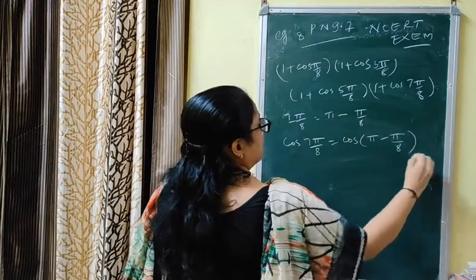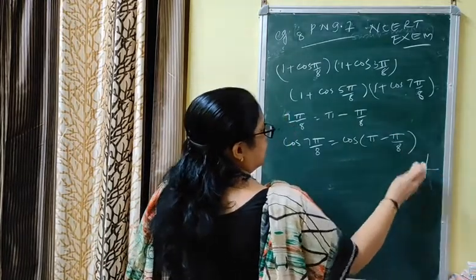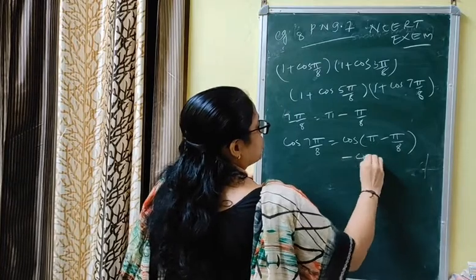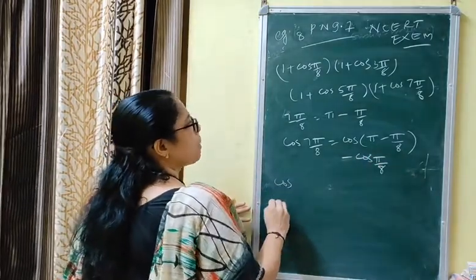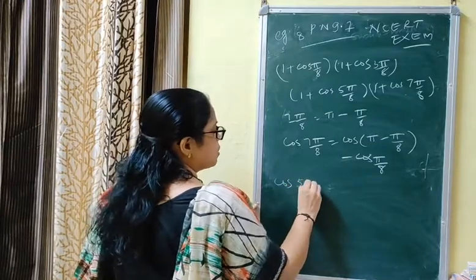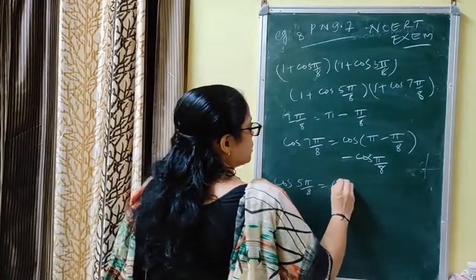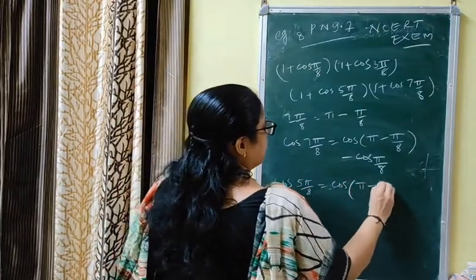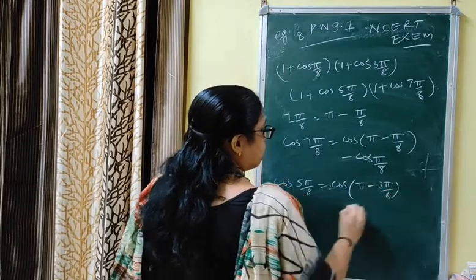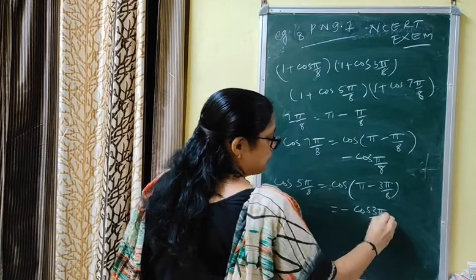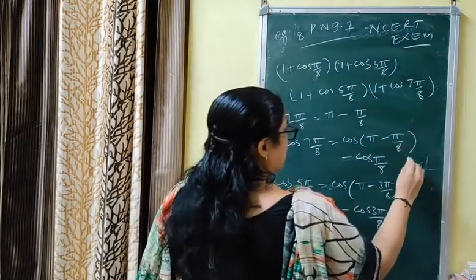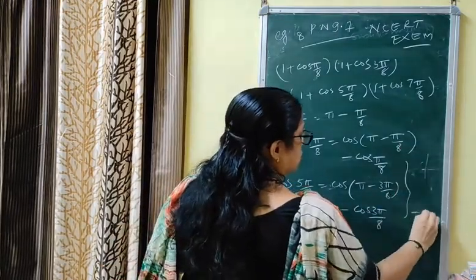Pi minus pi by 8 is in which quadrant? Second, that is negative. That is minus cos pi by 8. Second, cos 5 pi by 8 can be written as cos of pi minus 3 pi by 8. Again in the second quadrant it will be minus cos 3 pi by 8. You have to find this first. Let this be equation number 1.